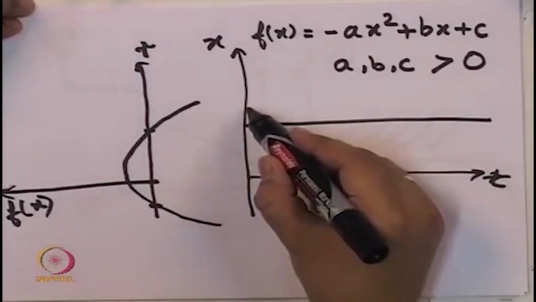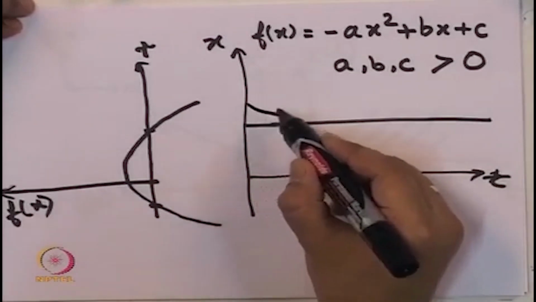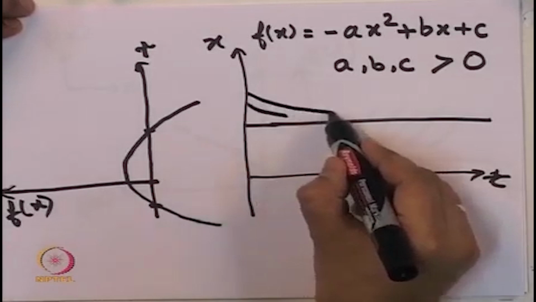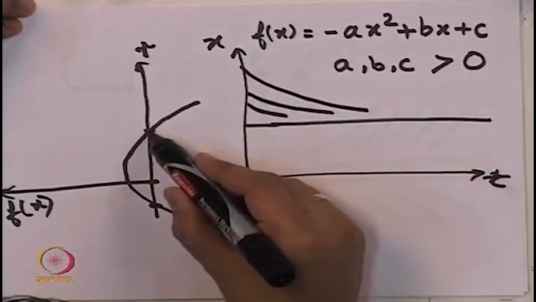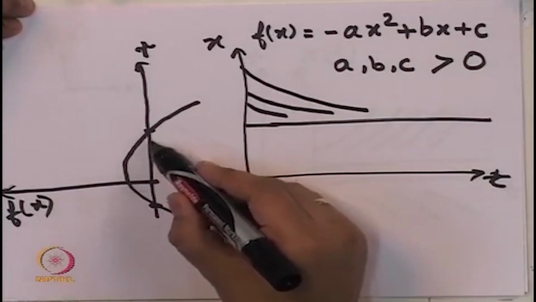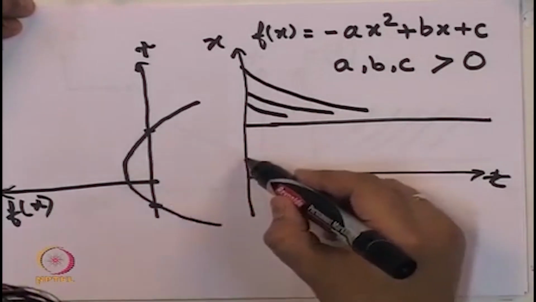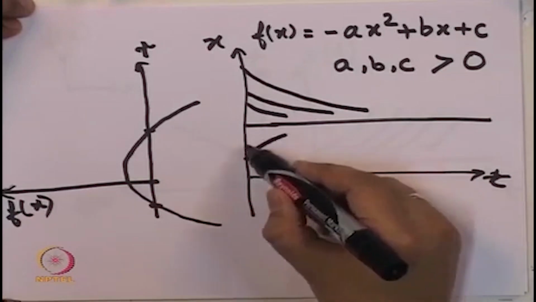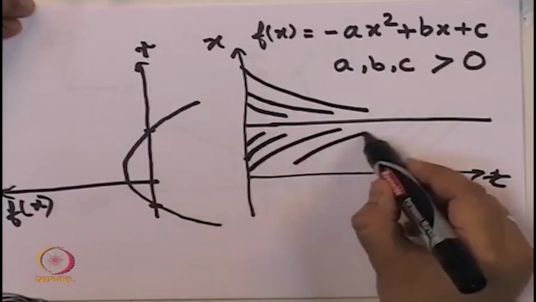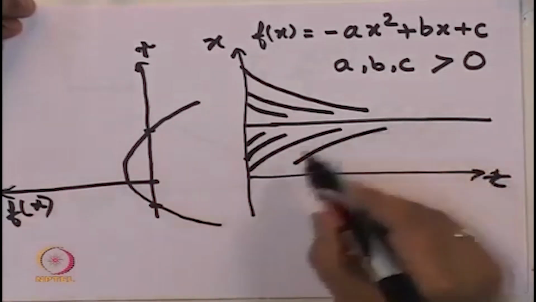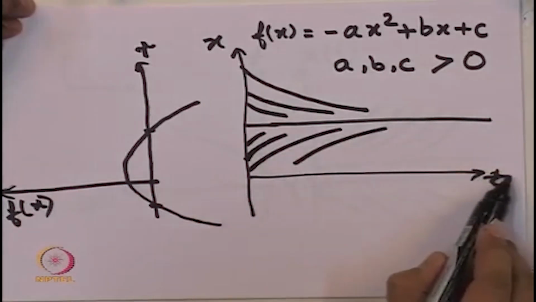So, x is decreasing as a function of time. On the other hand, for values slightly below this equilibrium point, we see that x dot is positive because f is positive, and in other words x is increasing. This is how the curves evolve as time increases.